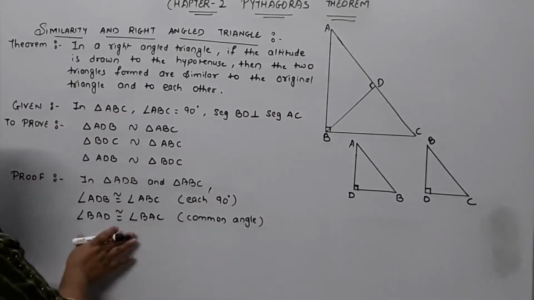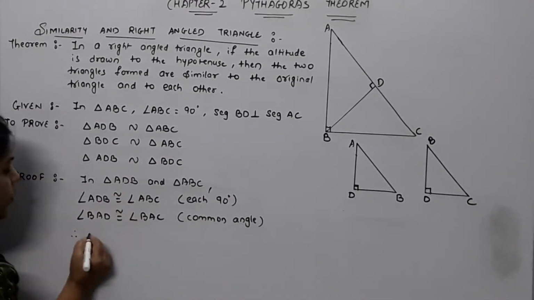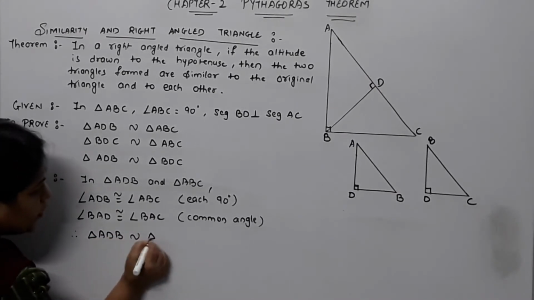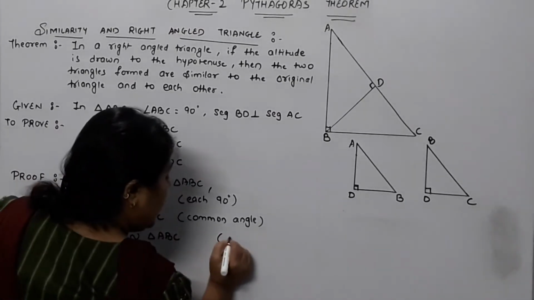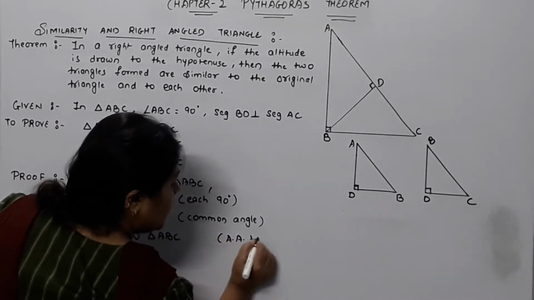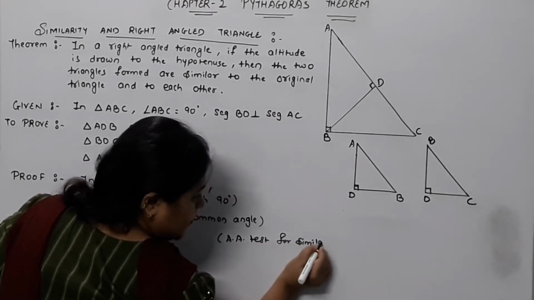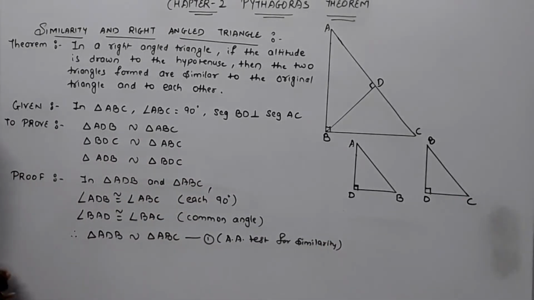So it is common angle. Therefore, with the help of these two things, we can prove that triangle ADB is similar to triangle ABC by AA test for similarity, right? And this will be our equation 1.